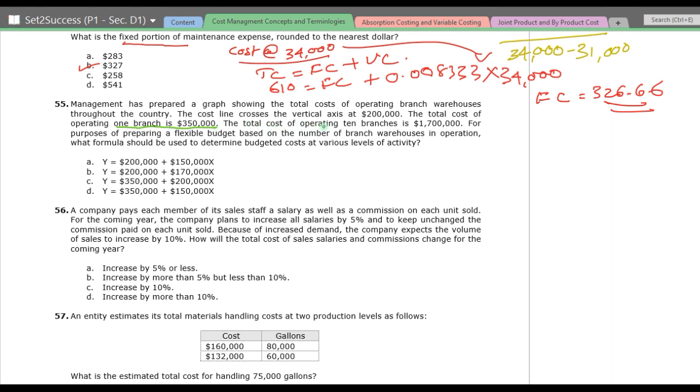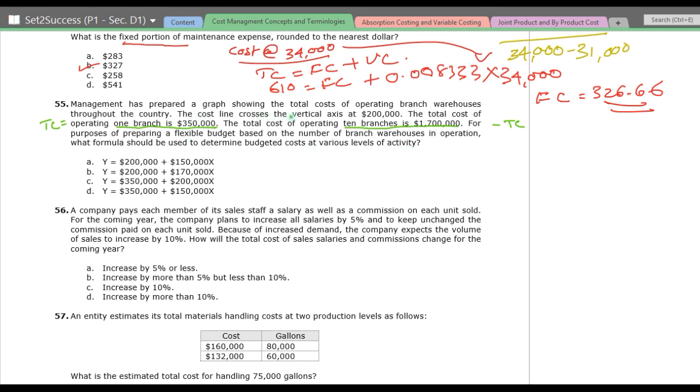The total cost of operating 10 branches is 127. For the purpose of preparing a flexible budget based on the number of branches in operation, what formula should be used to determine budgeted costs at various levels of activity?